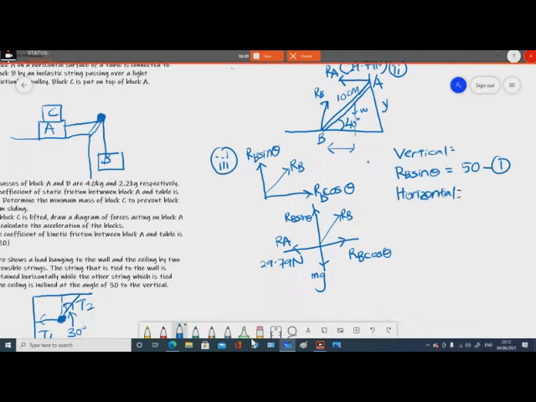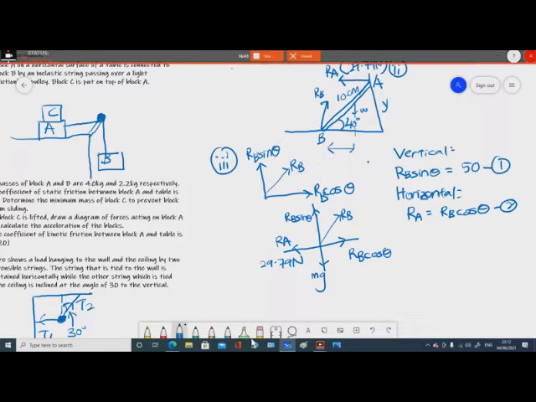This is the horizontal component, and if the system is in equilibrium, RA is equal to RB cos theta. So this one will be our second equation.